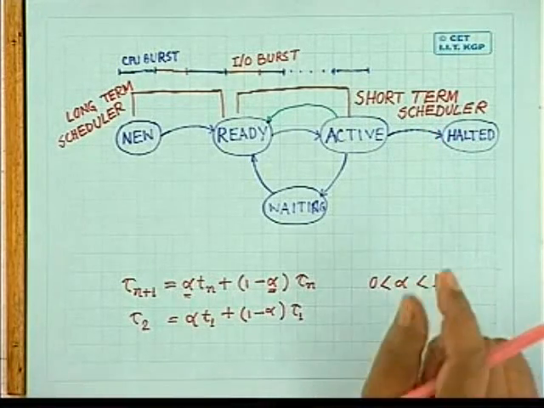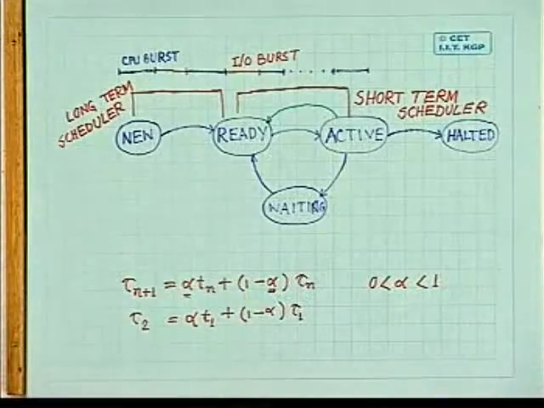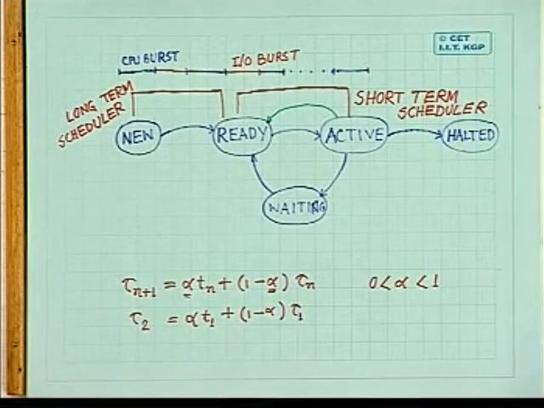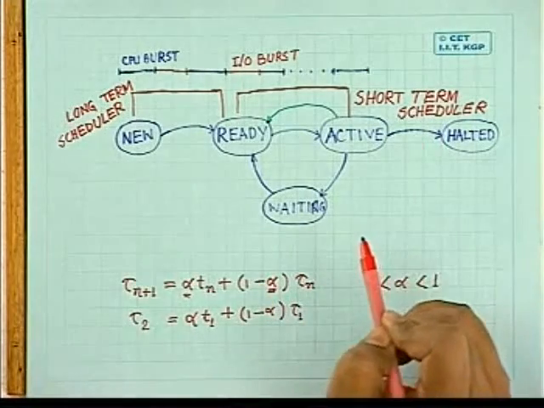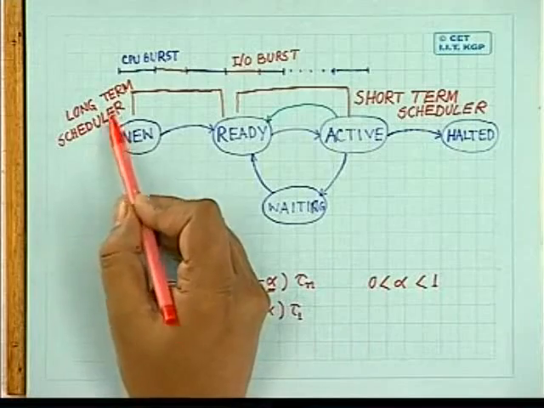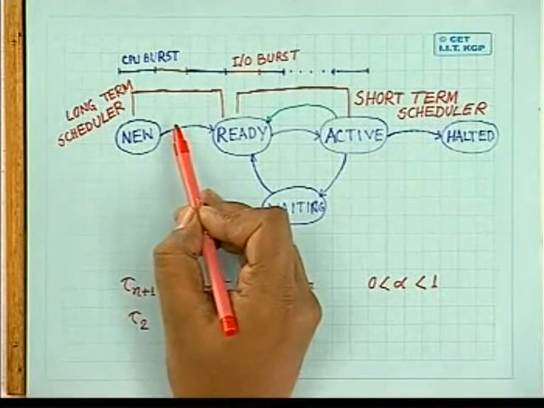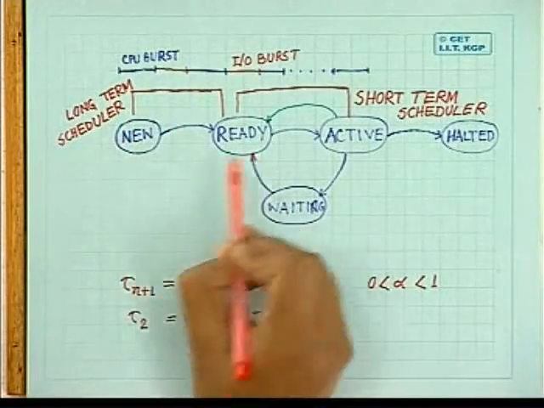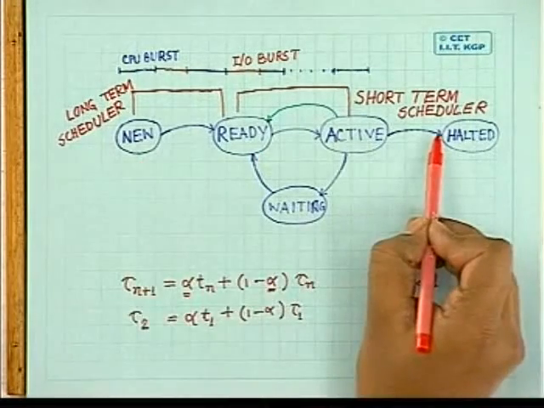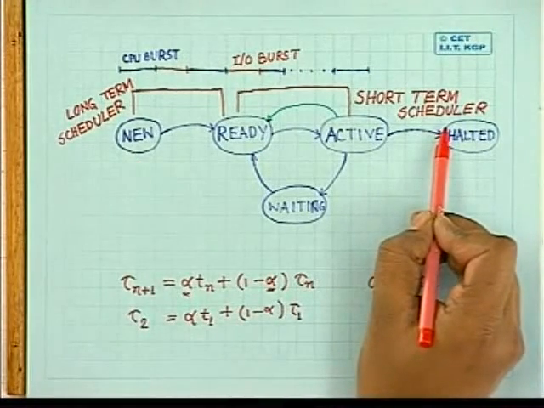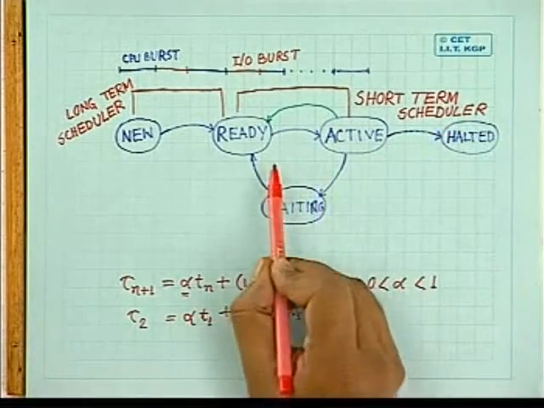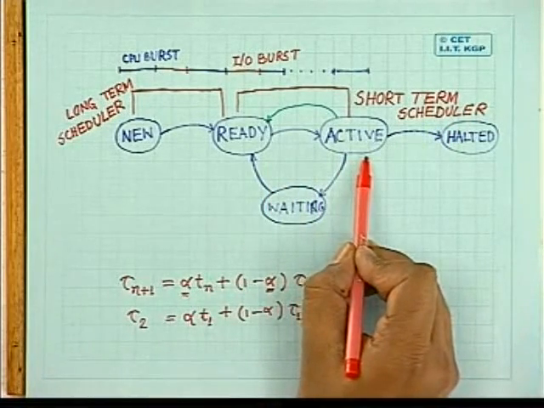This only remains for a particular CPU burst time. So I can afford to have a long term scheduler which is very complicated compared with the short term scheduler, because the long term scheduler can take more time to decide which job should be pushed into the ready state from the new state. But the short term scheduler cannot take a long time to decide which job has to be made active from the ready state.